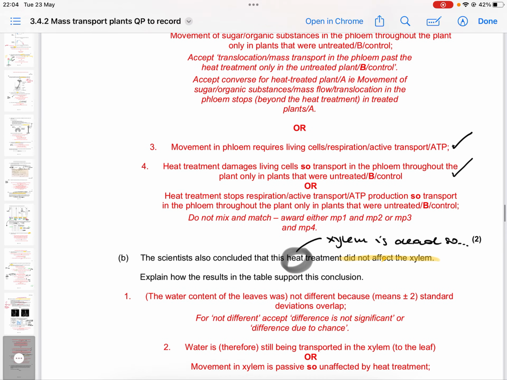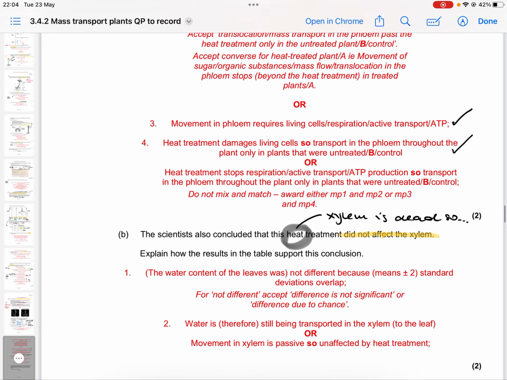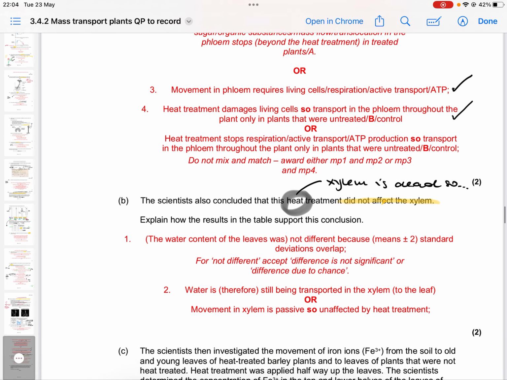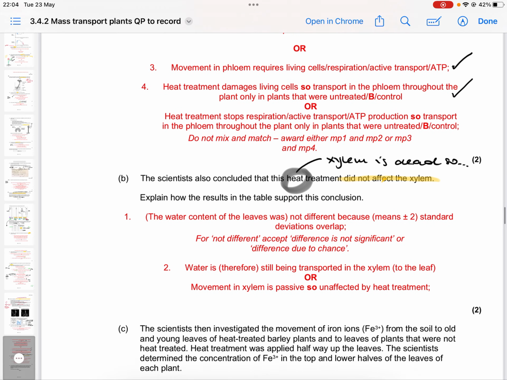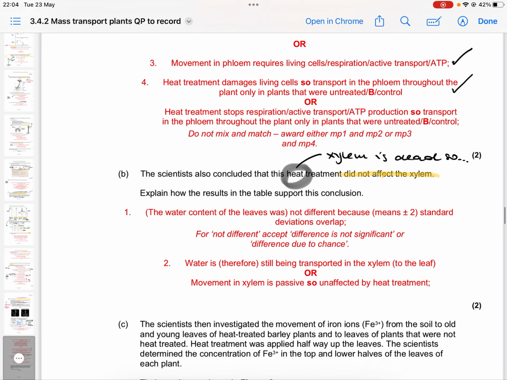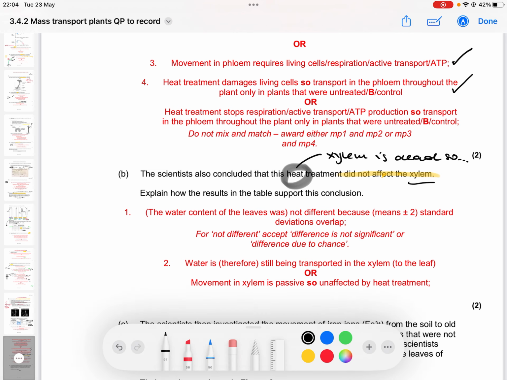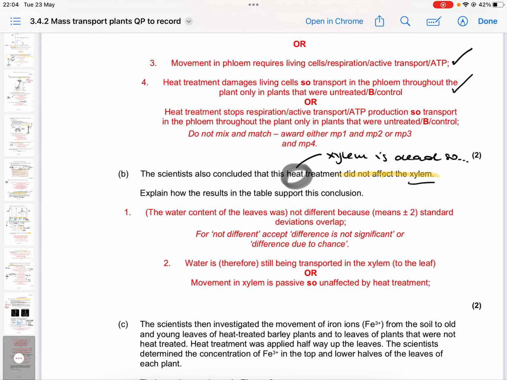Question B, then. We needed to explain how the results in the table support the conclusion. So we did say that phloem is made of living cells, so it would be damaged by the heat. However, xylem is dead, so it doesn't really matter that the xylem has been treated with the heat.